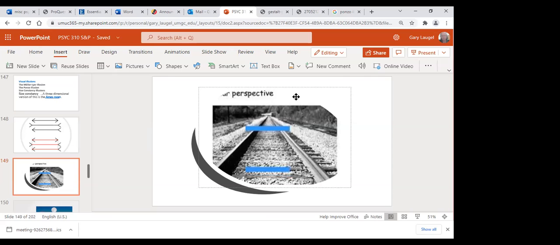We may have mentioned, I'm not sure we did, that if you look at a picture and something is higher in the picture, it looks farther away. So this train appears a lot farther away than the near section of the railroad, because it's physically higher in the picture.